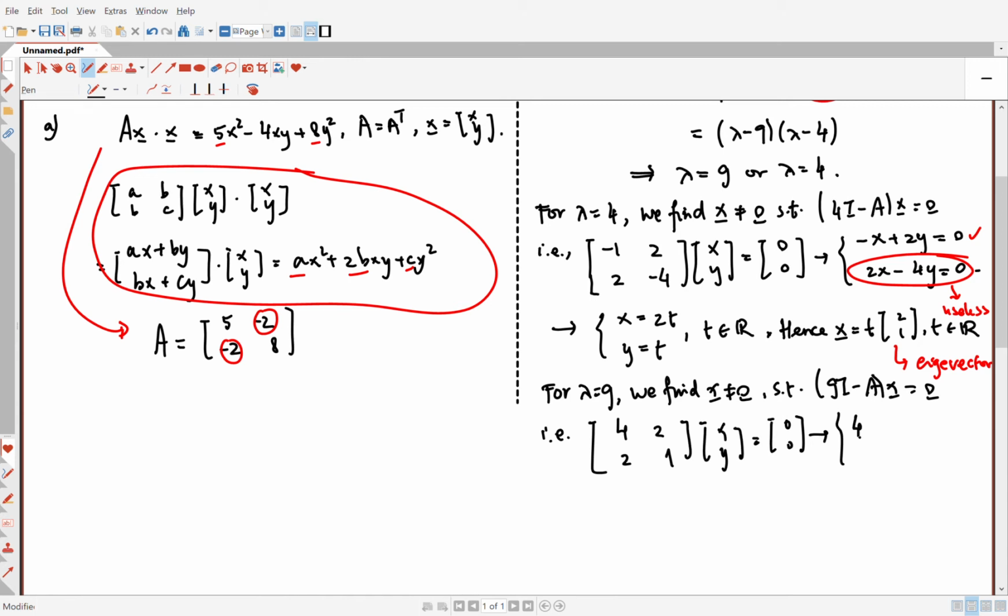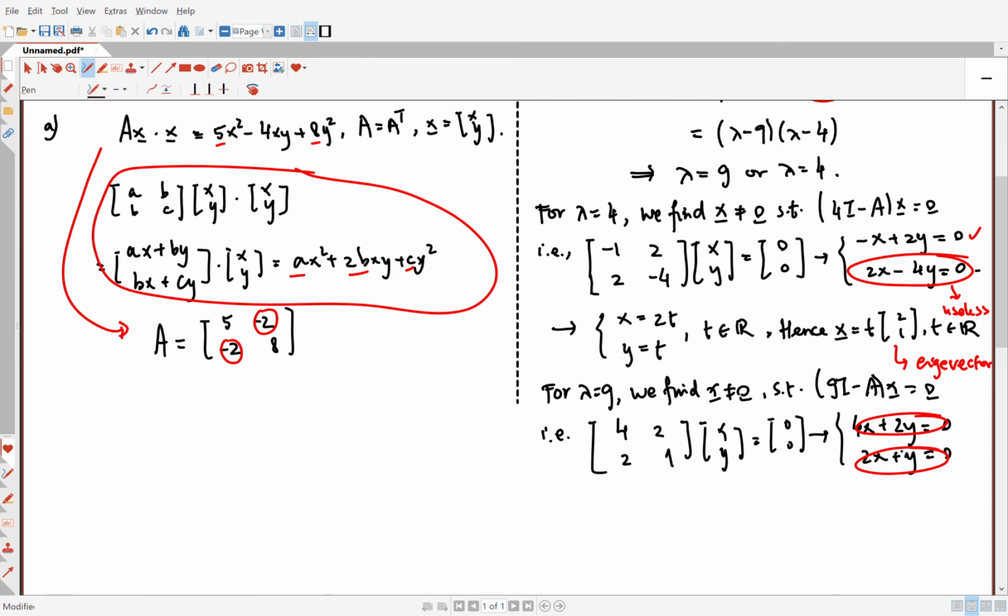This means 4x plus 2y is equal to 0, 2x plus y is equal to 0, and if I divide the first by 2, I will get the second. So one of them is sort of useless.